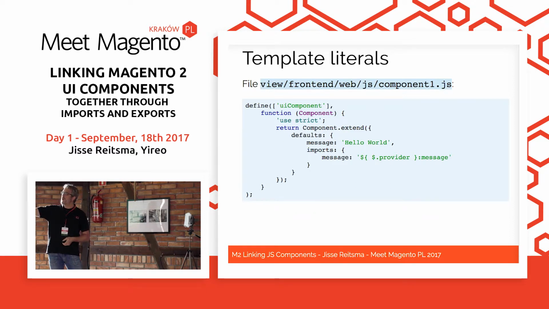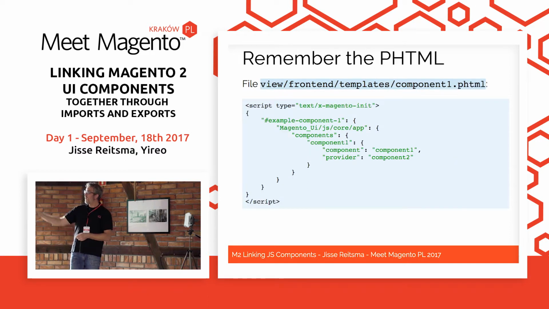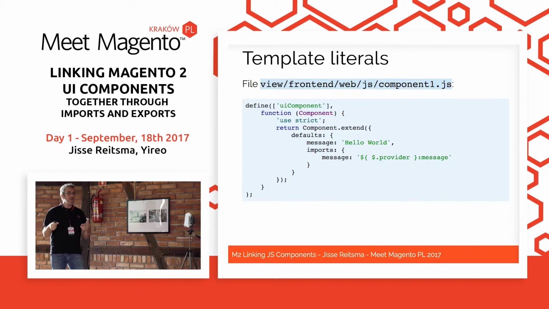However, it's wrapped in parentheses again with another dollar, meaning that as soon as we've located $.provider, which has the value component2, I'm calling upon component2 again with a dollar sign, so I'm referring not to a string called component2, but to the actual other JavaScript component called component2, and then I'm linking it to colon message.